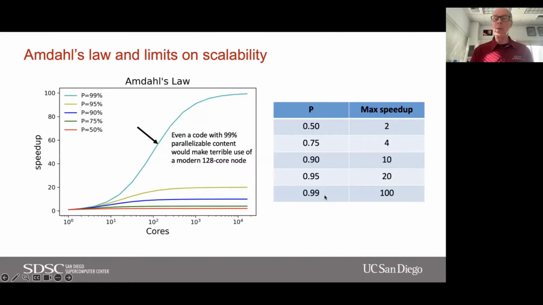So in this case, if we were running this code with P equals 99%, if we were here, indicated by the arrow, running on 128 cores, we would have only gotten a speed up of 60 instead of a speed up of 128. If you were running at this parallel efficiency on our supercomputers, we would be upset because you would be making bad use of the supercomputer, and you would be burning through your allocation much more quickly than you need to.